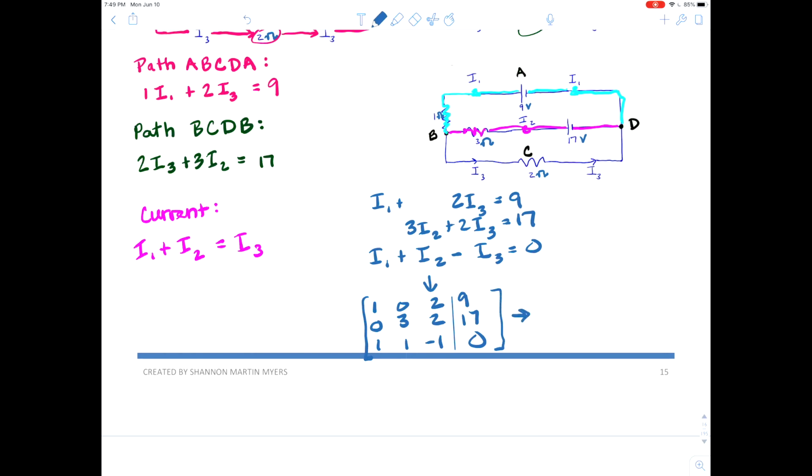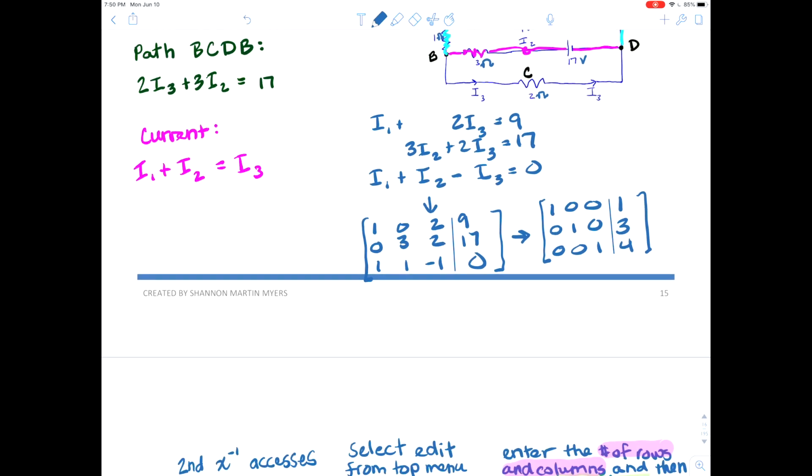And that row reduced, using the calculator as we did, to 1, 0, 0, 1, 0, 1, 0, 3, and 0, 0, 1, 4, which translates to I1 is equal to 1, and we're in amperes.